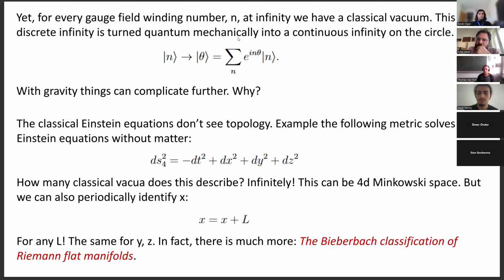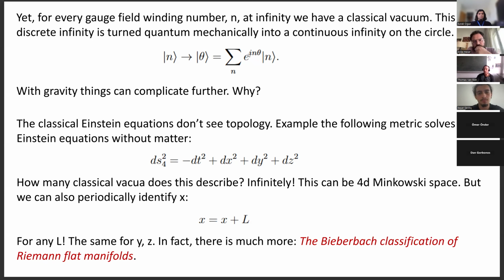But if you studied quantum mechanically this classical degeneracy, maybe you've heard of this, then the vacuum structure of QCD still has a degeneracy. And it's a degeneracy which turns, if you like, a classical discrete infinity into a continuous infinity on the circle. So it turns out that the natural quantum states are what we call theta vacua.